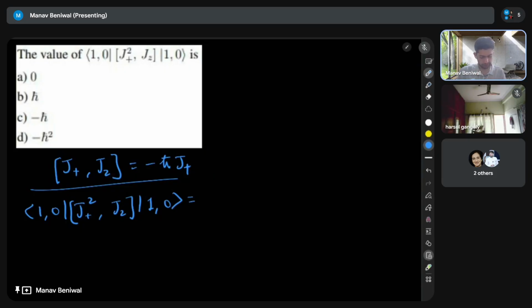So this we can write as h cut times the matrix element of j plus times the commutator j plus comma jz, plus the commutator j plus comma jz times j plus, between 1 0.